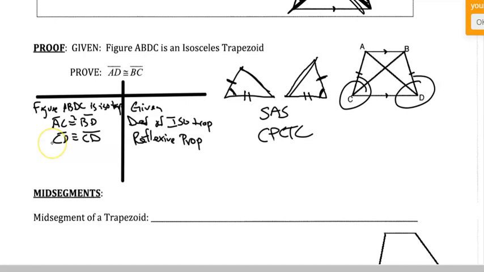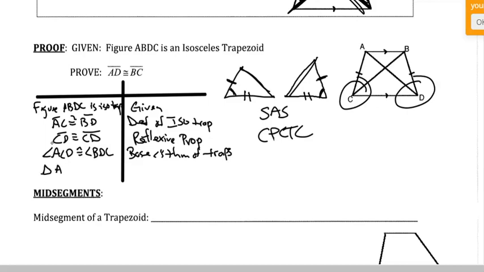There's other ways to do this proof, but this is probably the easiest way. We said angle ACD is congruent to angle BDC. We can call it the base angles theorem of traps. Then we knew that the two triangles were congruent.